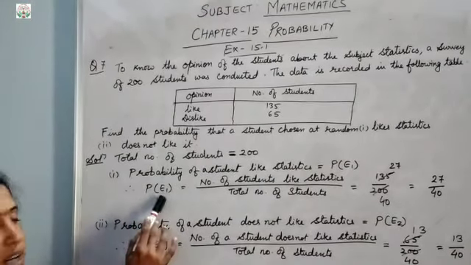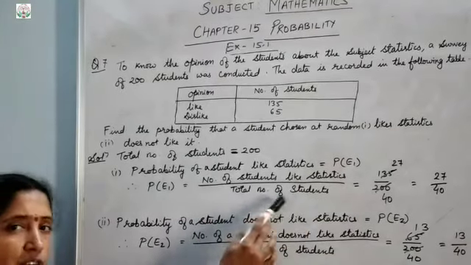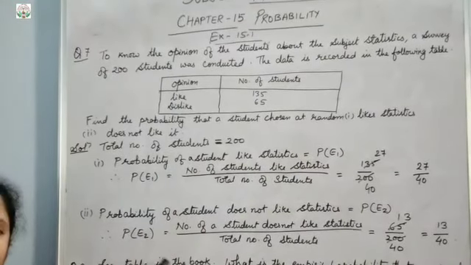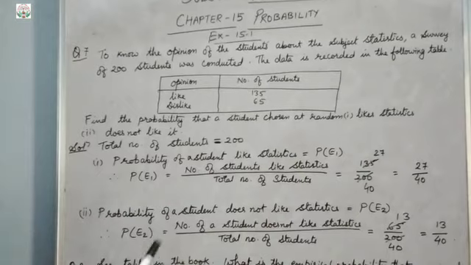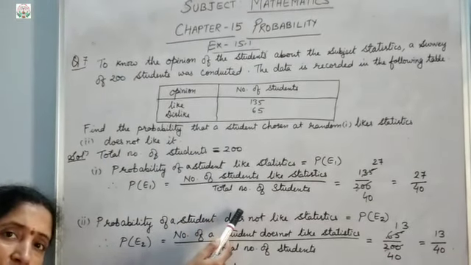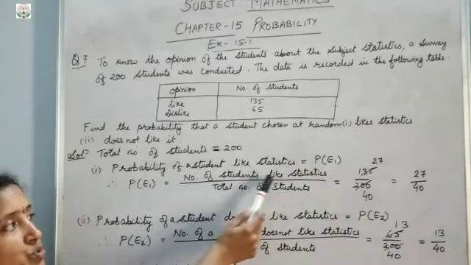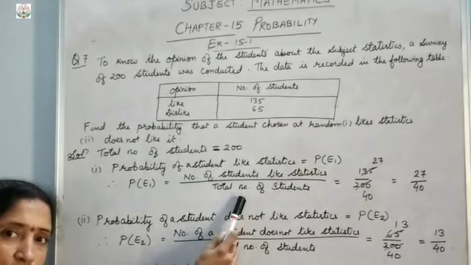Therefore, P of E1 equals number of students who like statistics upon total number of students. We know the formula of probability: number of trials in which the event occurs upon total number of trials. So the same here: number of students who like statistics upon total number of students.